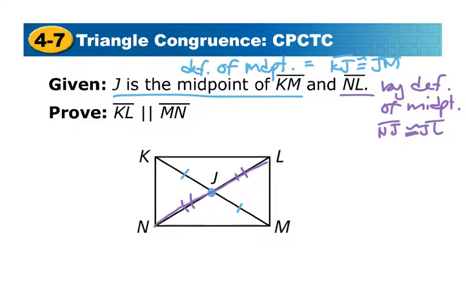Okay. Then they want you to prove that KL is parallel to MN. Where's KL? KL. Oh, I already said it, but vertical angles is going to be within here. So I guess it doesn't really matter what triangle. What are we doing, KL? So we're definitely going to want to say that this angle and this angle are congruent, because this angle isn't really going to help us with the triangle.